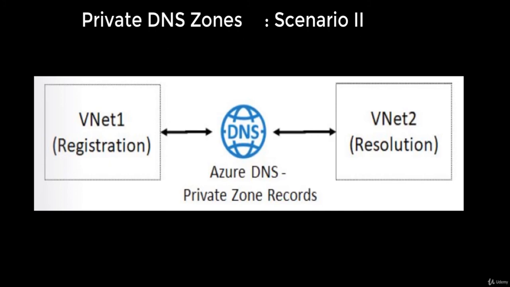A reverse DNS query from a VM in the resolution virtual network for a VM in the registration VNet will receive a DNS response containing the FQDN of the VM. But a reverse query from a VM in the resolution VNet for a VM in the same VNet will receive an NXDOMAIN. This is also called split horizon functionality. In the next demonstration, let's take a look at the DNS name resolution lab.